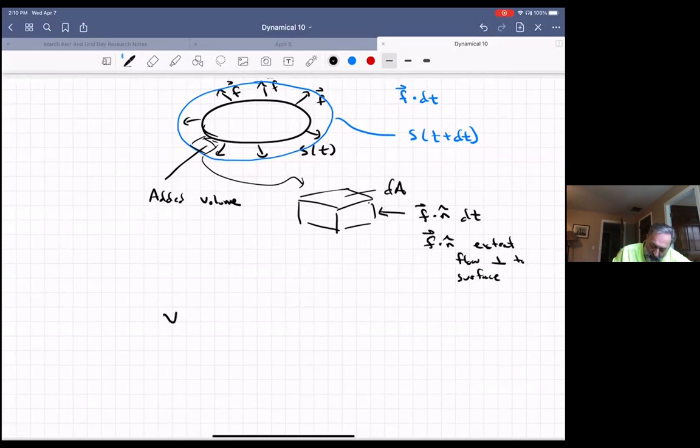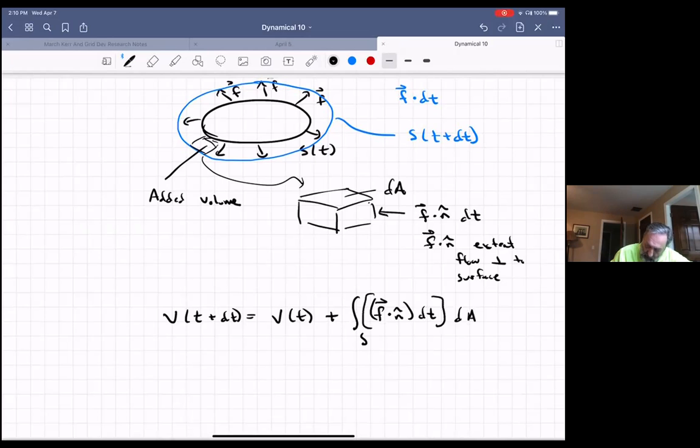And so the volume at t plus dt is going to be the volume at t plus the integral over the surface of f dot n hat dt dA.